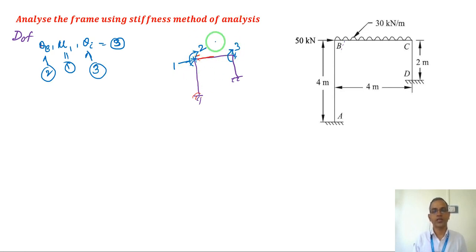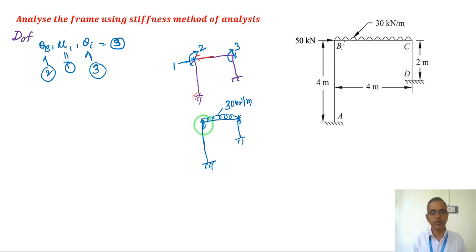Now, due to the external load applied on the member, the only load acting on the member is 30 kilonewton per meter, where this joint is fixed and this joint is also fixed, and the 50 kilonewton load is at the joint, which will not produce fixed-end moments in the beam.